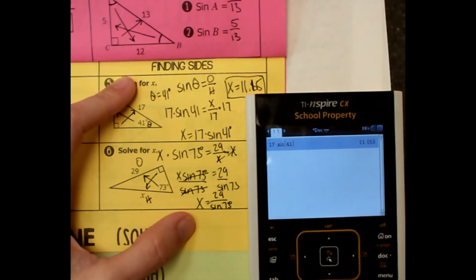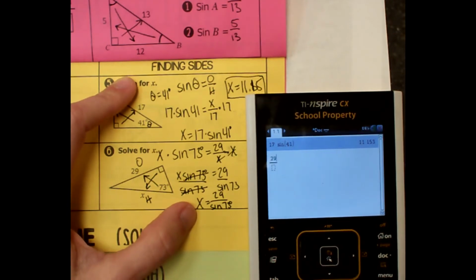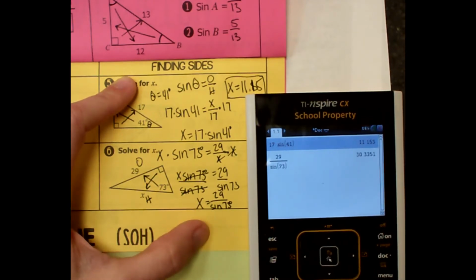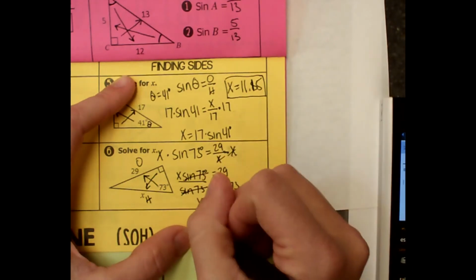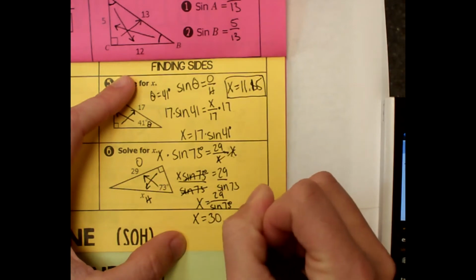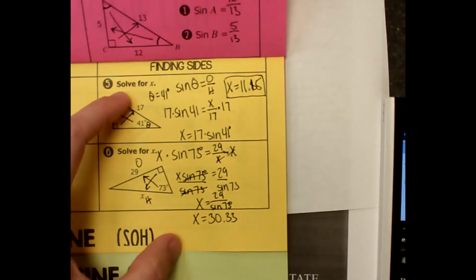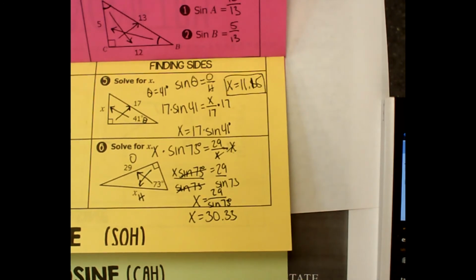So if we type it in as a fraction, 29 divided by sine of 73, you get that x equals 30.3251. So x equals 30.33. And that's your answer.